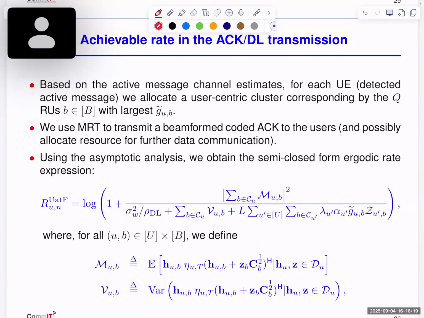The users that are active but are misdetected receive no acknowledgement, so the users are not seen. The false alarms cost transmit power: the system thinks that there is somebody, but in fact, this somebody doesn't exist. So in this analysis, we take into account this additional interference power, but we don't really care about the rate or the decoding error for these false alarms, because these users do not exist. So the only ones that really matter are those that are active and are detected as active.